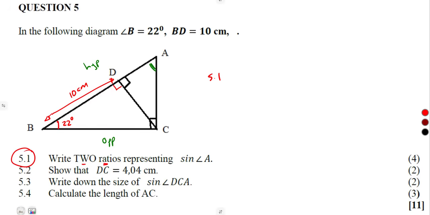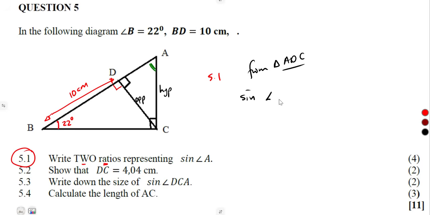Another one, we can take where angle A is. Angle A is also found in this right angle triangle ADC. So we can take it from triangle ADC. In triangle ADC, our opposite is DC. Our hypotenuse facing 90 degrees is AC.